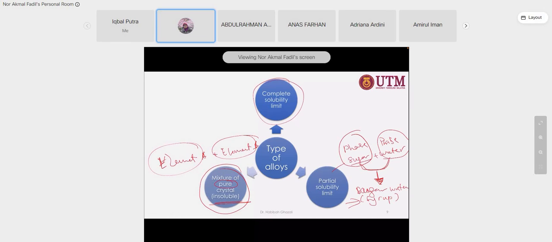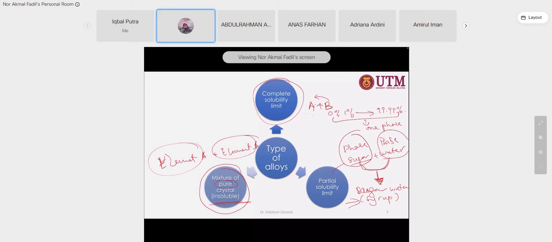For the complete solubility case, you can add A plus B with no limits. You can add B into A, starting from 0%, 1%, until 99.99%. You can mix it, forming only one phase, no other phases, which means there's no limit.